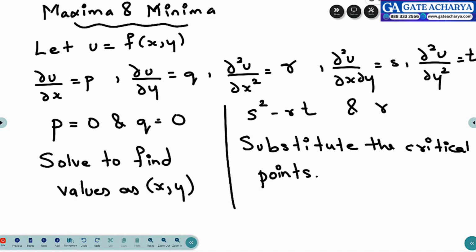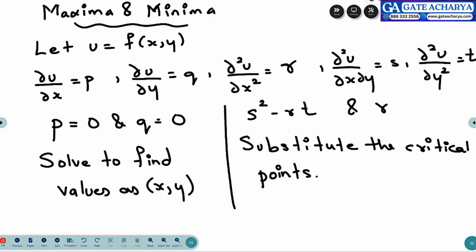Now I'm going to write down the conditions. First condition: if s square minus rt is less than 0 and r is also less than 0, then the point is maximum. You remember, right? Whenever there is less than 0, you define that as maximum.